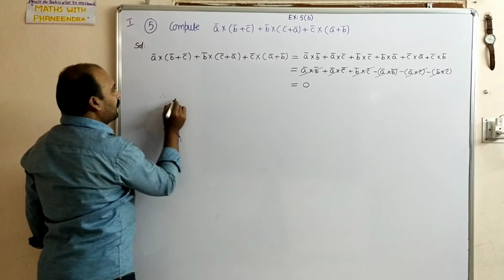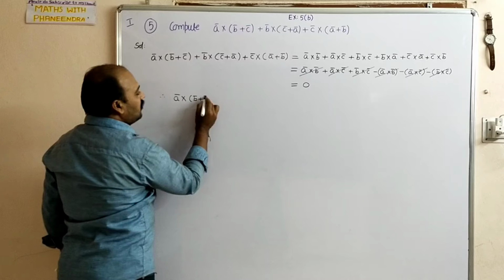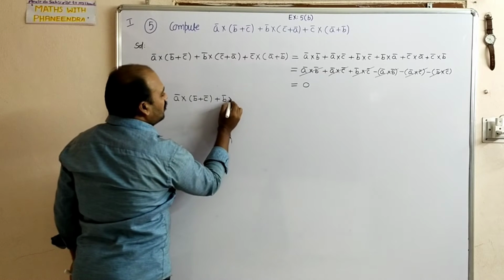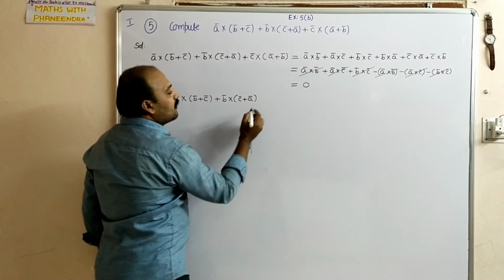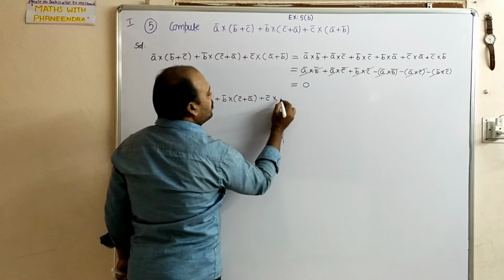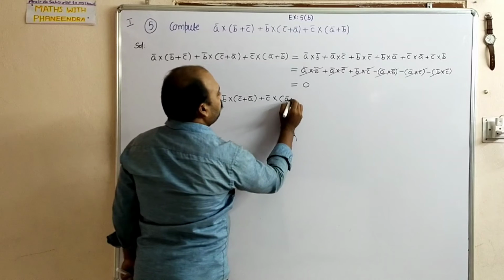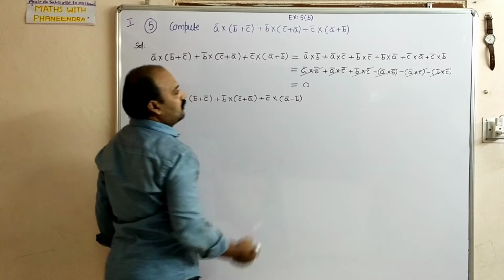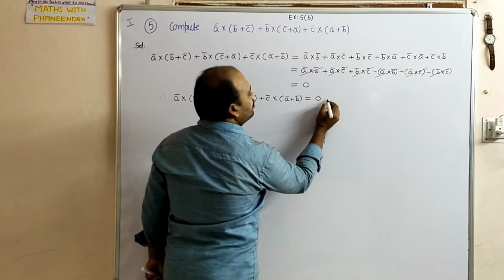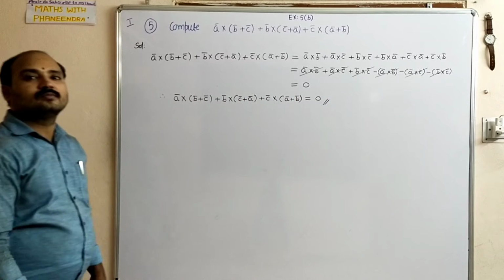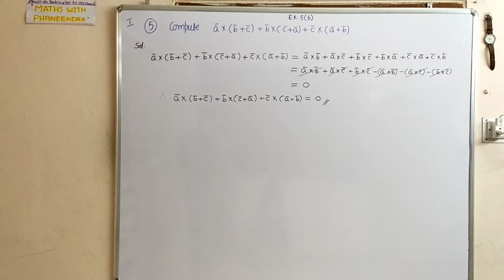Therefore, conclusion step: A bar cross (B bar plus C bar) plus B bar cross (C bar plus A bar) plus C bar cross (A bar plus B bar) equals 0. We move to the next question.